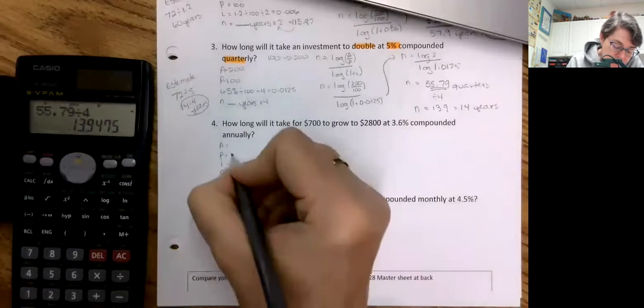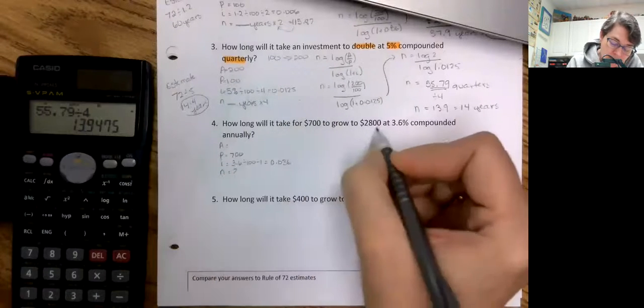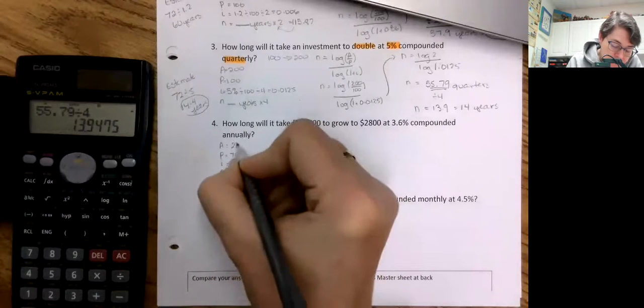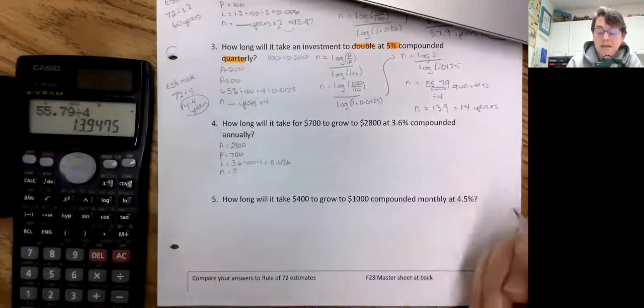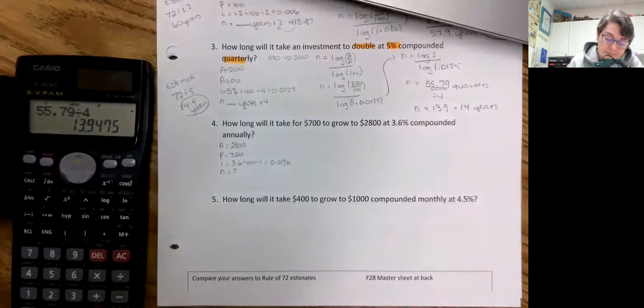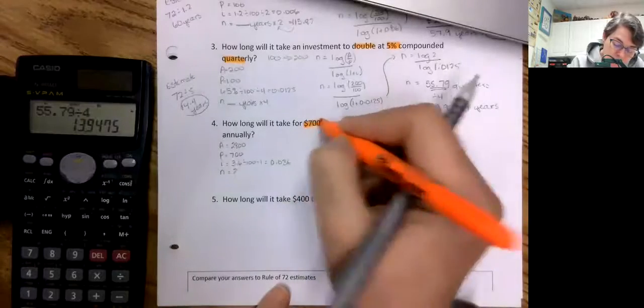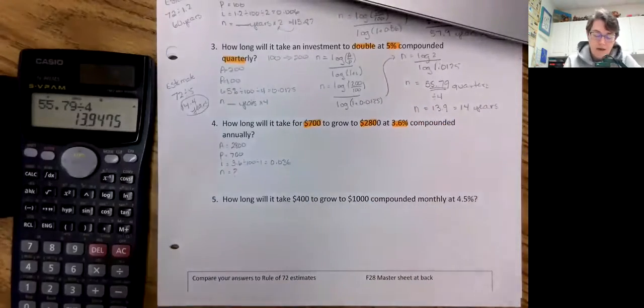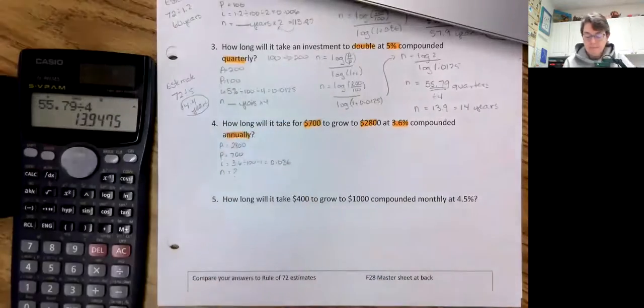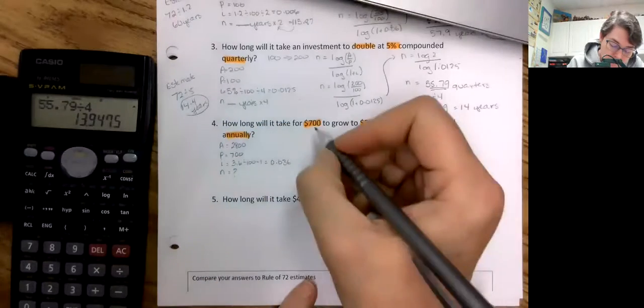And we are starting with $700, and we are growing it to $2,800. So that was nice to actually have the money in there. Compounded annually. Should have done that first, I forgot.